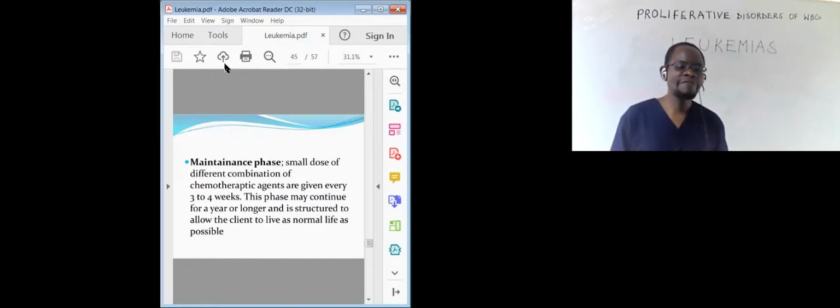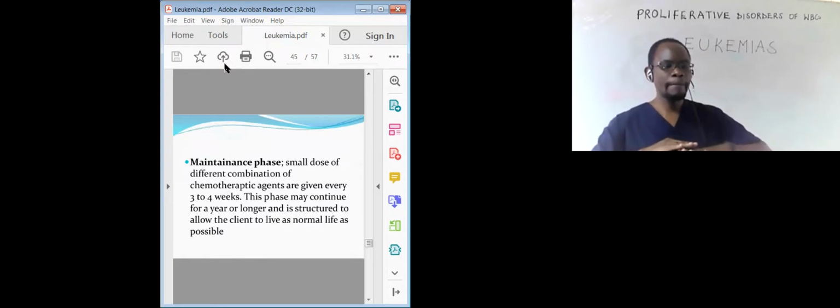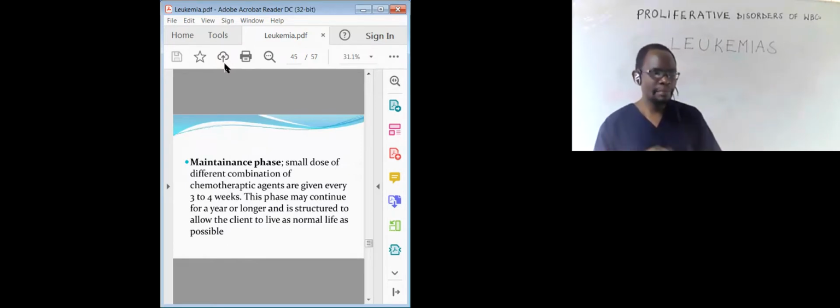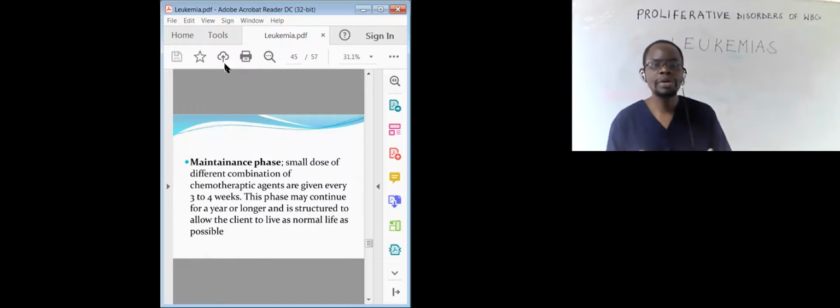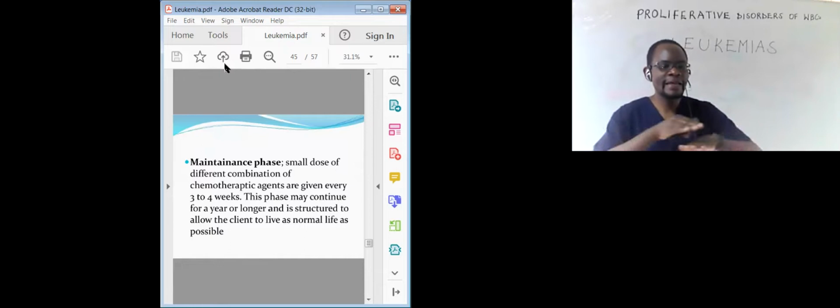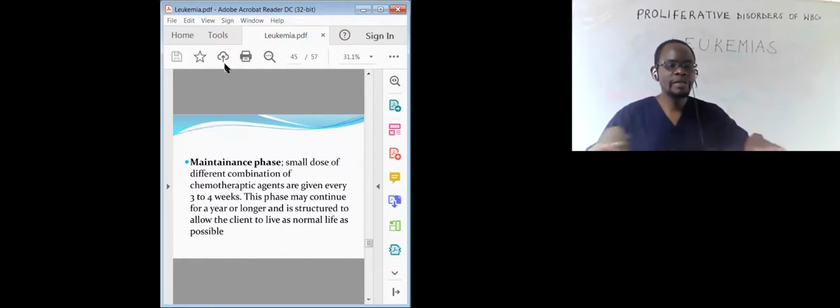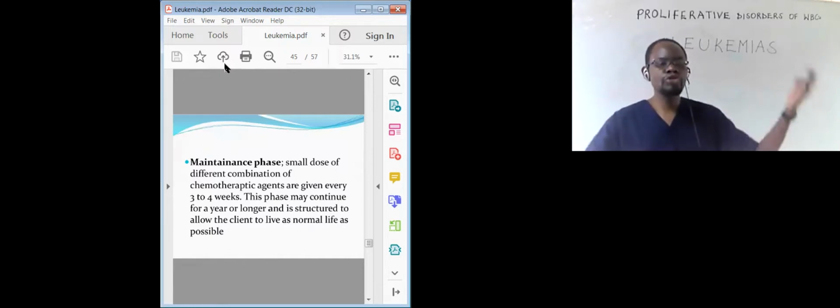And then after the consolidation, the maintenance phase, whereby smaller doses of different combinations of these medications are given to maintain the patient so that they do not relapse.